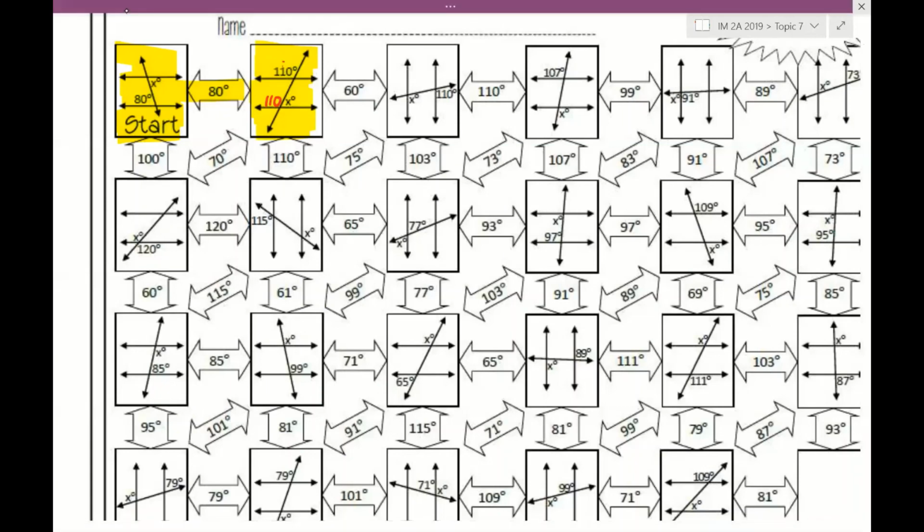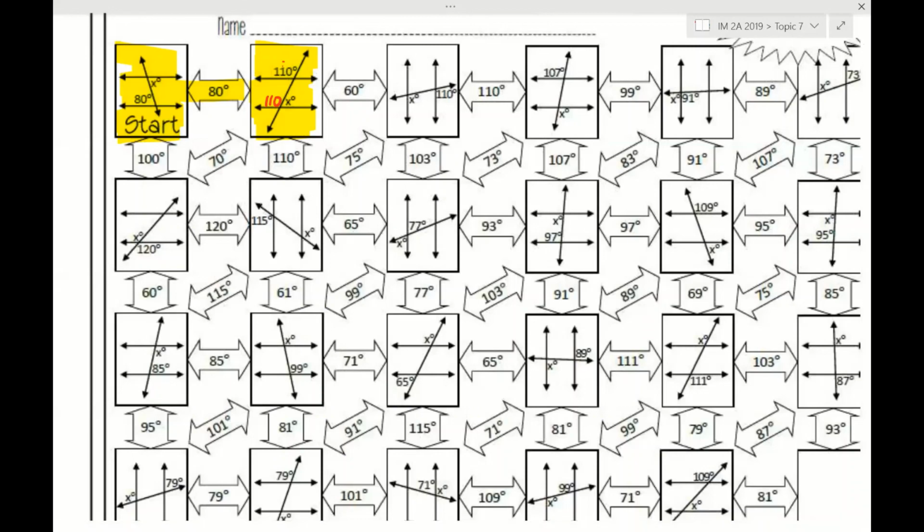And then for x, it's making a linear pair now with the 110. My options here are that it's 60, that it's 110, or that it's 70. If I have a linear pair, that means it has to add to 180. So my answer is going to be whichever number plus 110 creates 180.